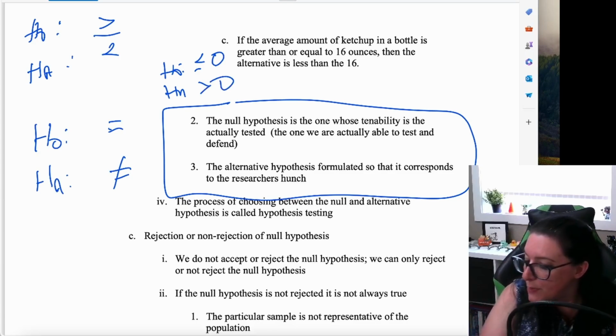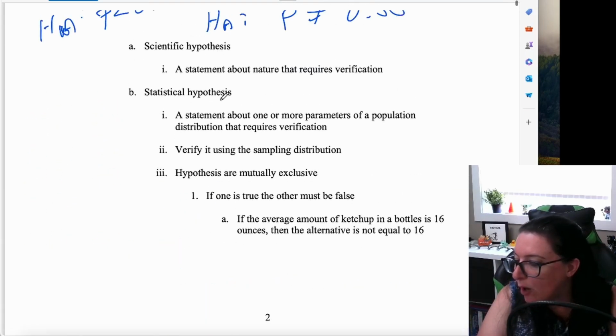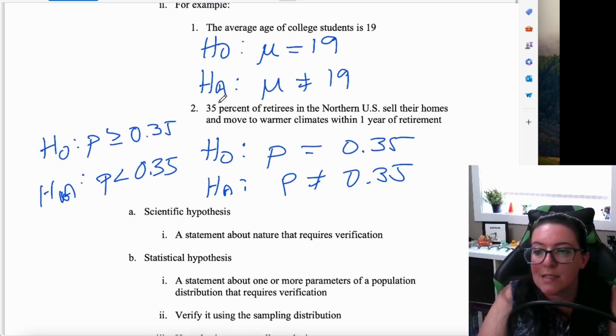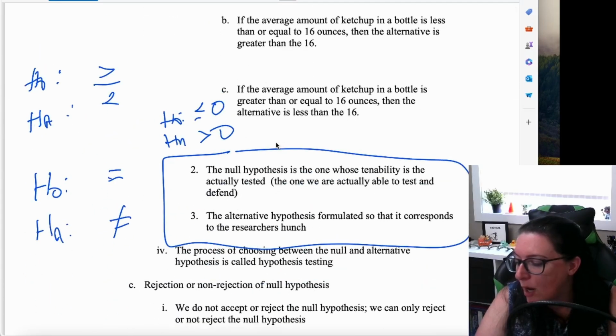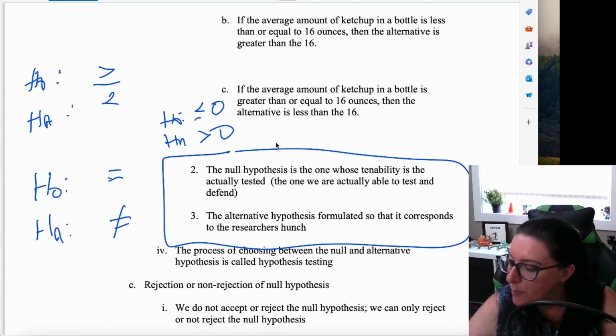Now, in the examples we looked at just before, we had a single population parameter, and we were then looking at it compared to a number. But you can also have your hypothesis be a comparison between two groups.